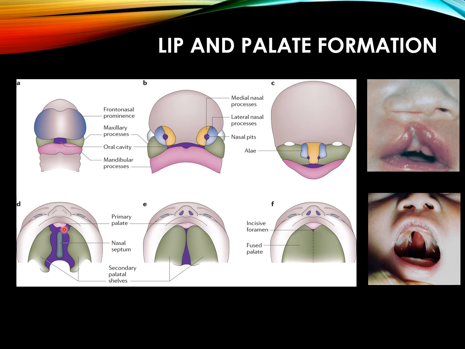Subsequently, shown in sketch E, the palatal shelves elevate to a horizontal position above the tongue, contact one another and commence fusion. The final sketch, F, is where the fusion of the palatal shelves ultimately divides the oronasal space into separate oral and nasal cavities.